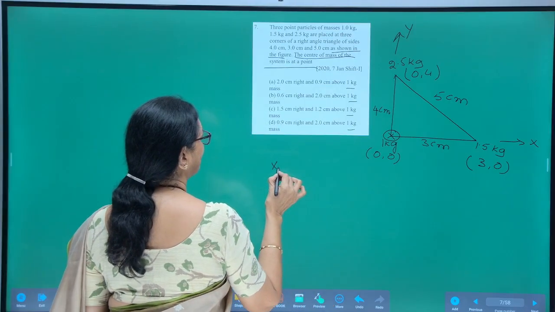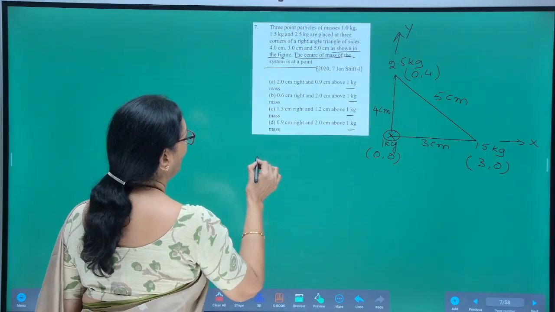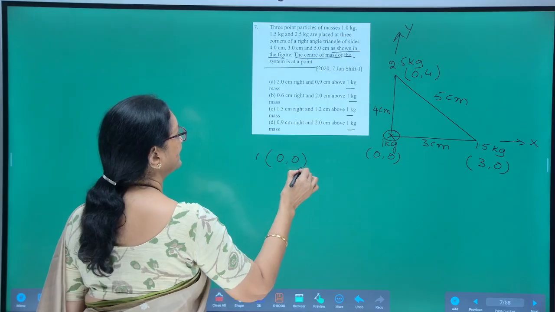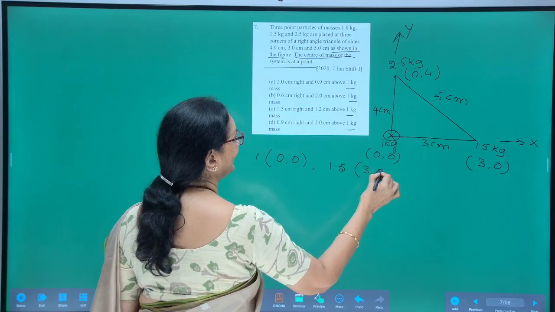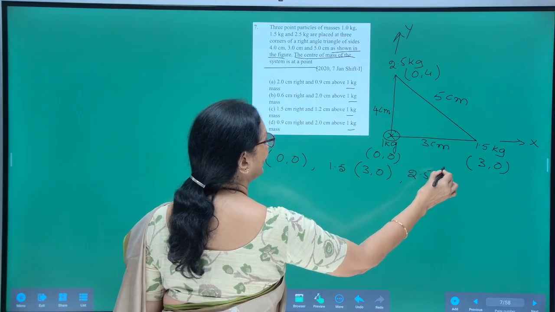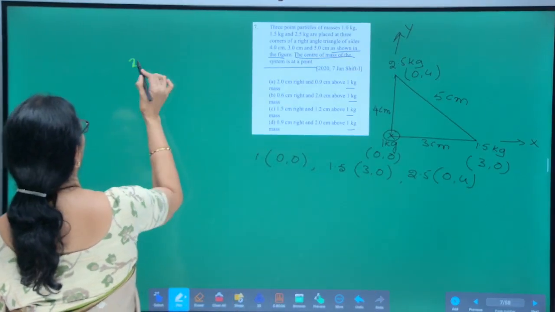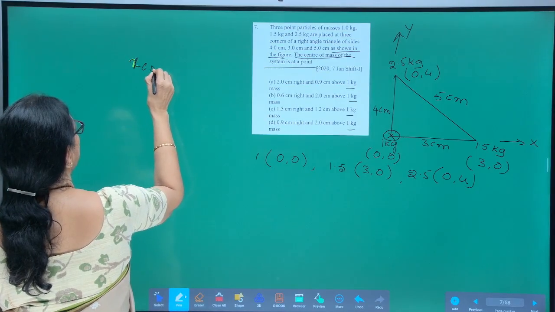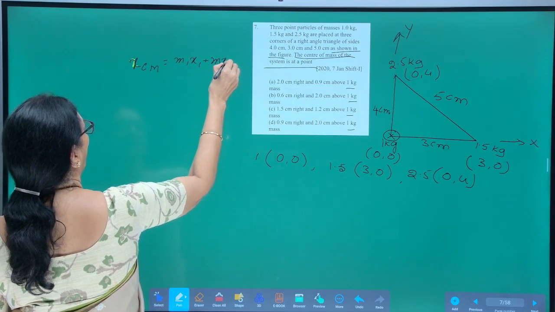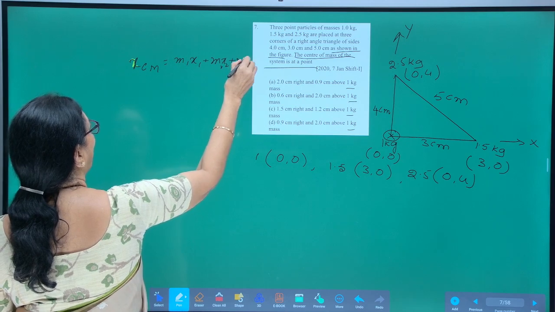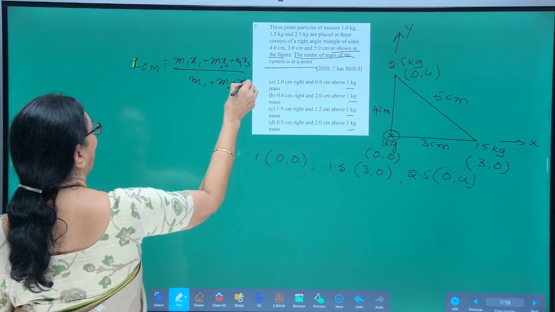We can write the masses and the coordinates like this: 1 kg mass with coordinates 0, 0, 1.5 kg mass with coordinates 3, 0, 2.5 kg mass with coordinates 0, 4. What are the formulae we have? X coordinate of center of mass is m1x1 plus m2x2 plus m3x3 divided by m1 plus m2 plus m3.